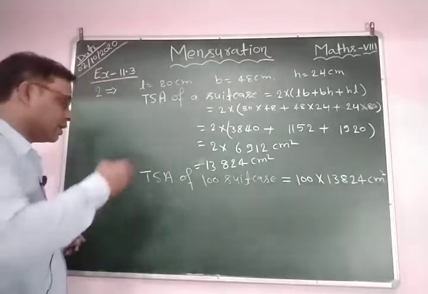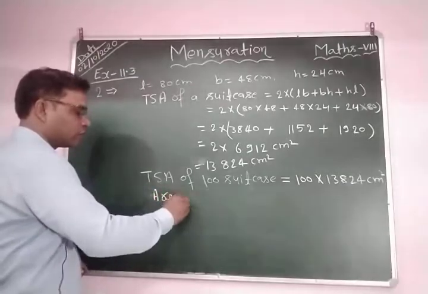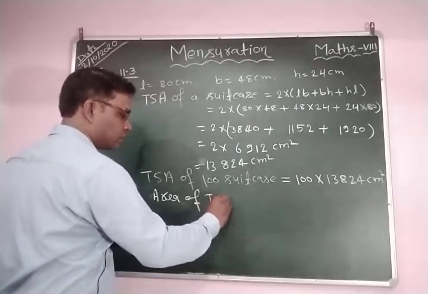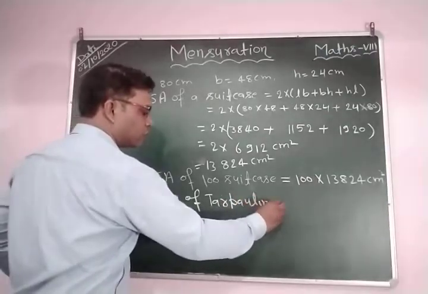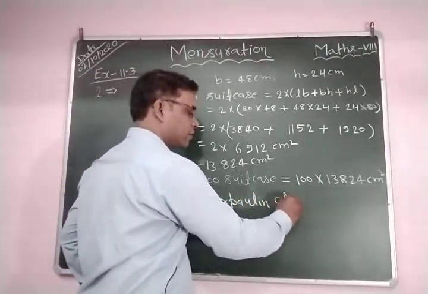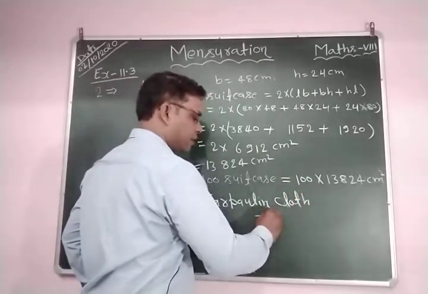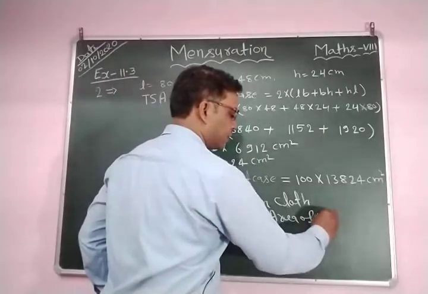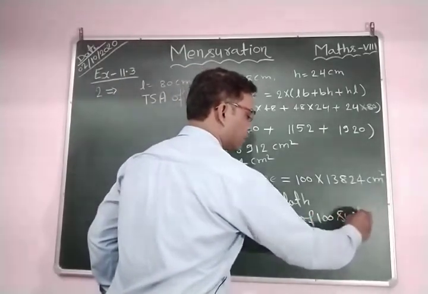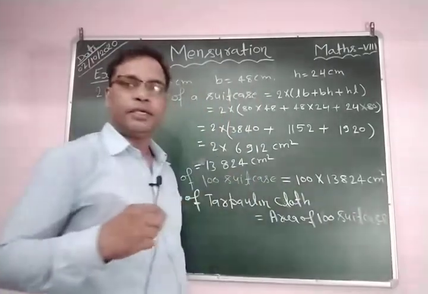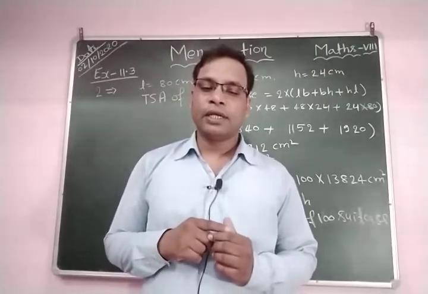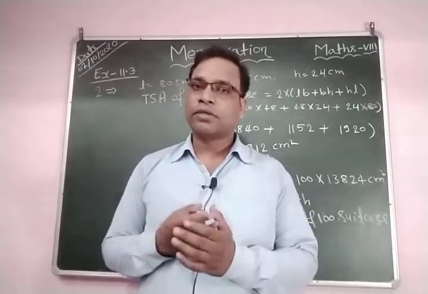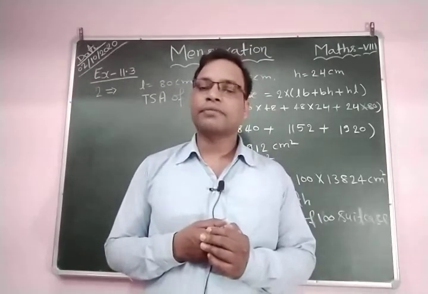So you can write here area of tarpaulin cloth is equal to TSA, area of 100 suitcases, because in this question it is given that the cover of the suitcase is made by the tarpaulin cloth.